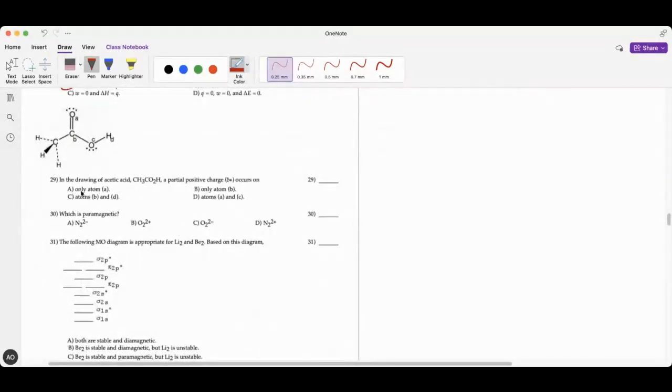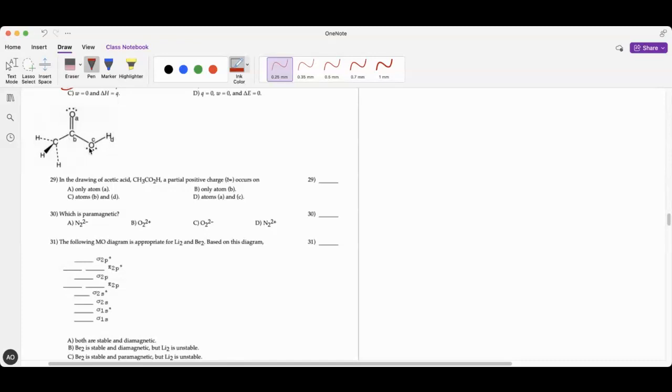Here we have acetic acid. A partial positive charge would occur on which atom or atoms? You have this polar bond here, and this oxygen that's bonded to both the carbon and the hydrogen.